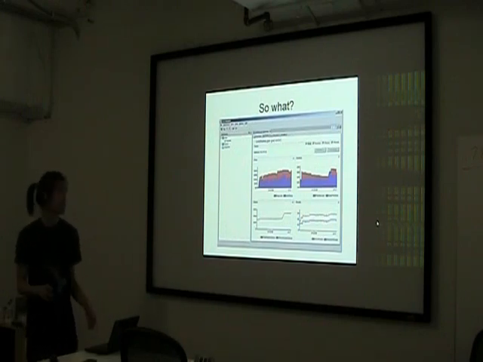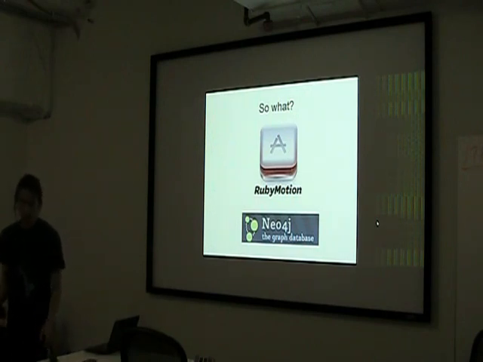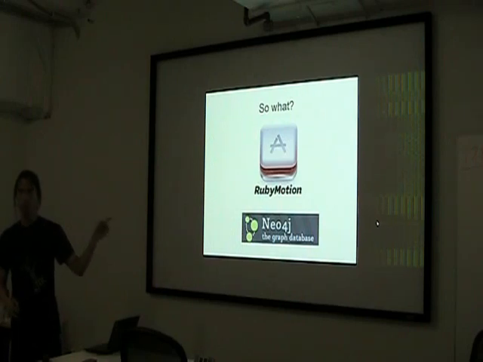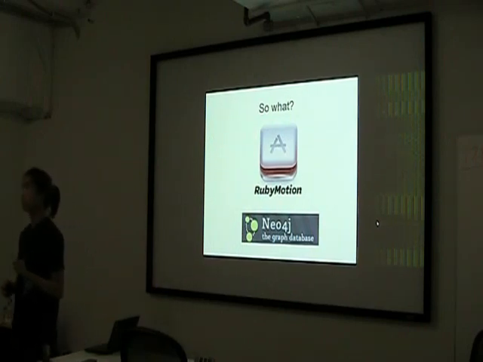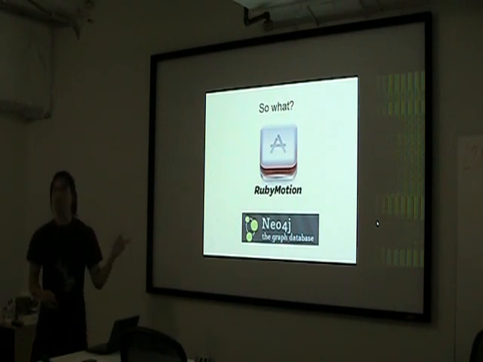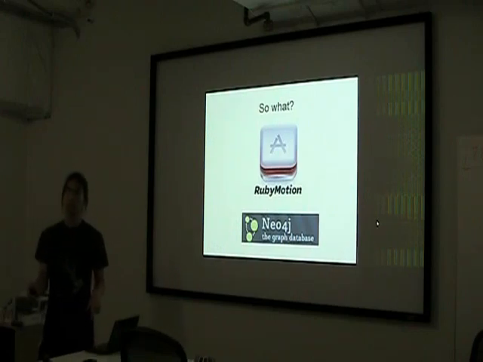Okay, and it also gives us the ability to develop for platforms that aren't necessarily Ruby friendly. For instance, RubyMotion, you may have heard of it, is a way to write iOS apps completely in Ruby. And RubyMotion is actually a port of MacRuby, which, like I said, is written in Objective-C and Cocoa, I believe.